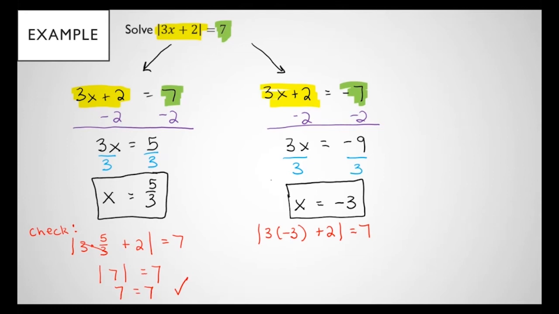Inside the absolute value is 3 times -3 is -9. So I have -9 plus 2 inside the absolute values. -9 plus 2 is -7. And the absolute value of -7 is a positive 7. So I get 7 equals 7. The equation is true. So I have a true statement, so that answer works.